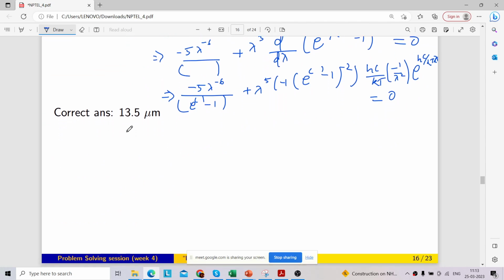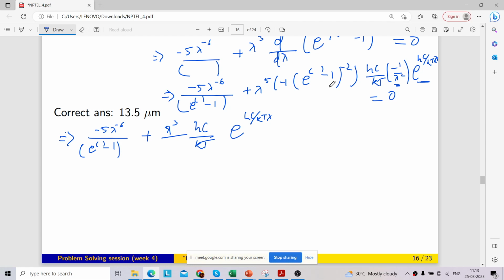It's too much, huh? So this is minus 5 lambda to the power minus 6 times e to the power function minus 1 plus, okay, I have minus here and minus here, so plus, and I have lambda square here and lambda to the power 5, so I have lambda cube divided by, okay, I have constants here, hc over kT, then the rest of the part, e to the power hc over kT lambda, and then 1 over e to the power this minus 1 square.